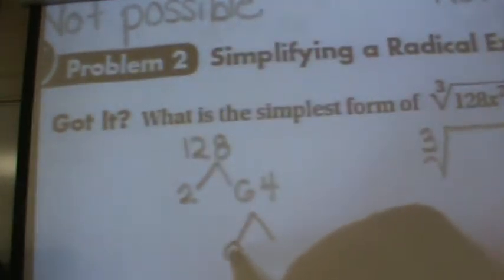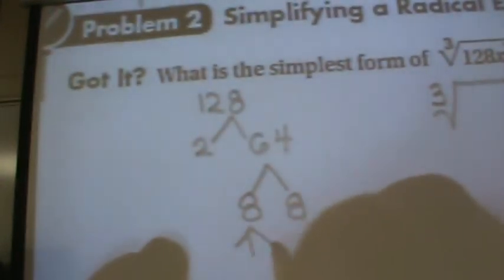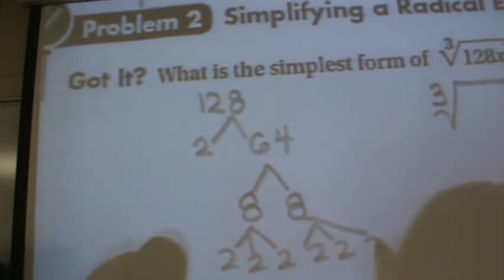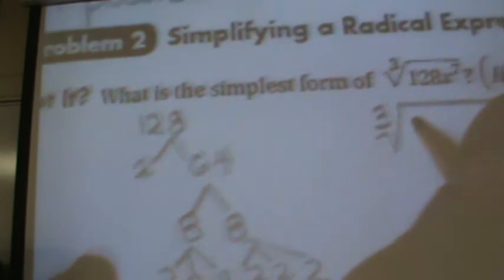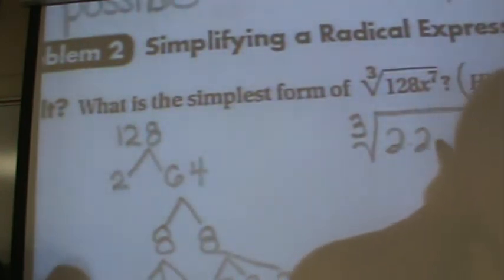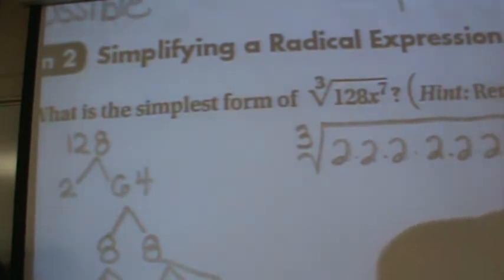And I know 64 is 8 times 8. And once I hit 8, I know 8 has 3 twos. So 7 twos. 1, 2, 3, 4, 5, 6, 7.